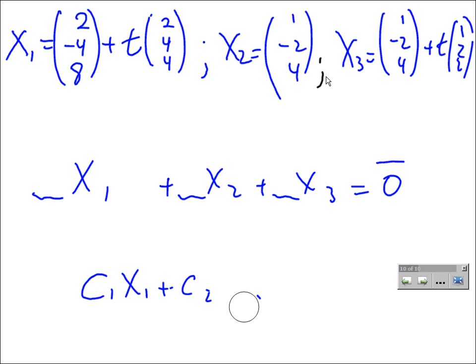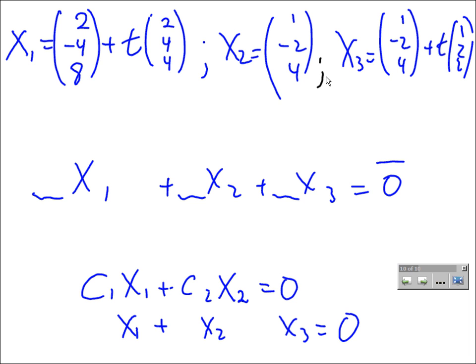A non-zero multiple of C1 plus a non-zero multiple of C2, for example, and I get 0. In fact, just one of the C's has to be non-zero.